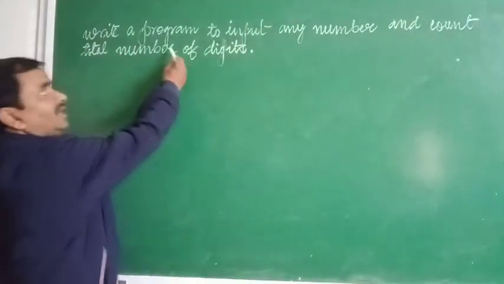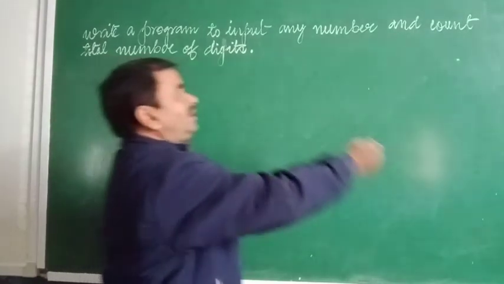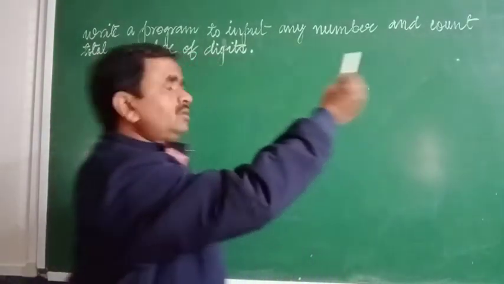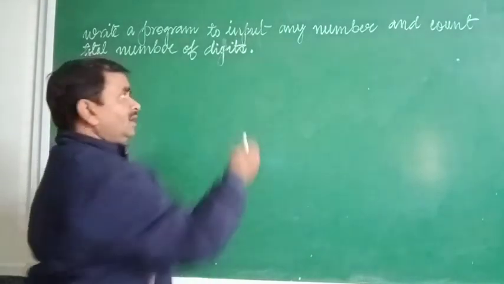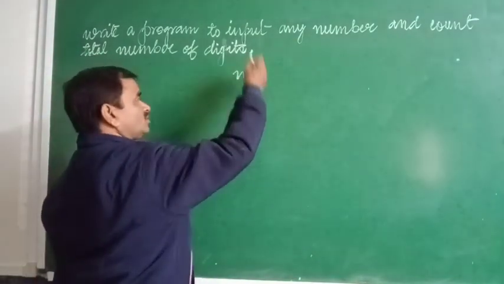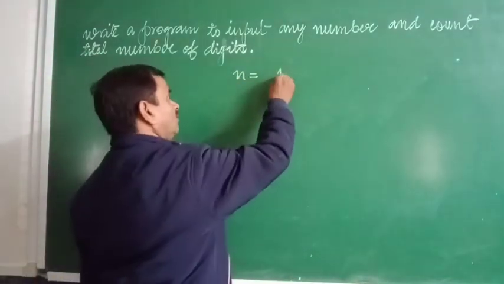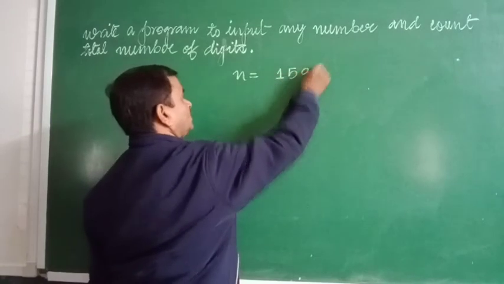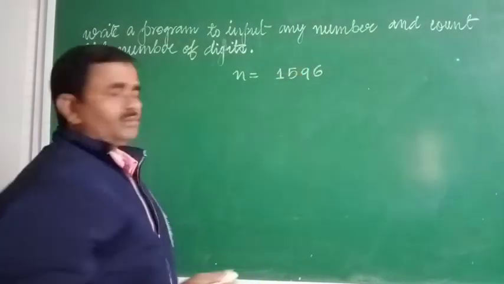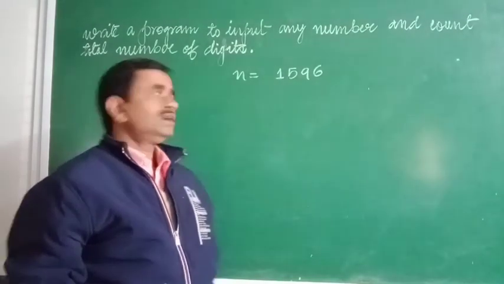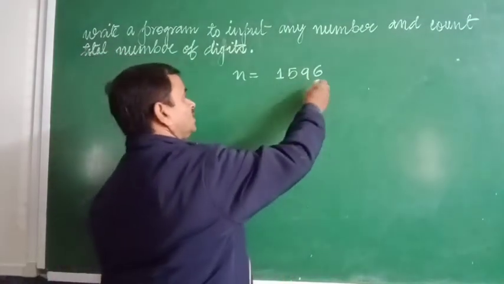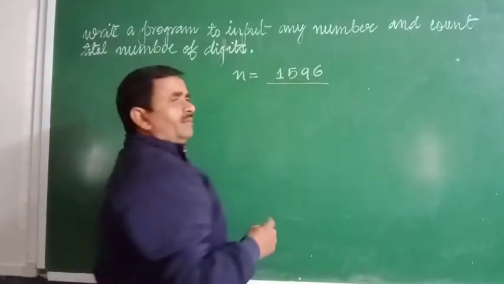Write a program to input any number and count the total number of digits. For example, if you input suppose n equal to 1596, so this is the input which you have stored in variable n, right? So the output you will get is the total number of digits.